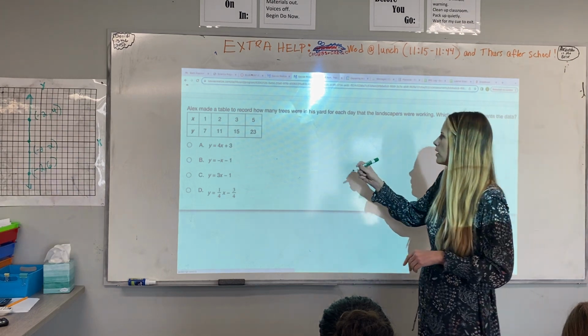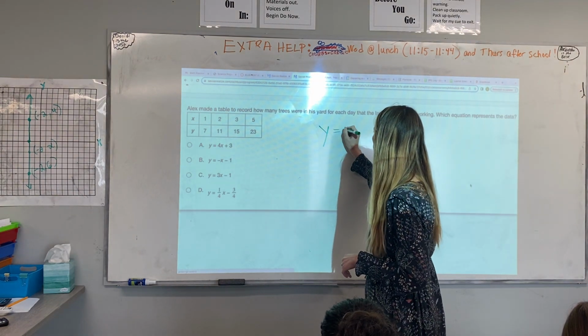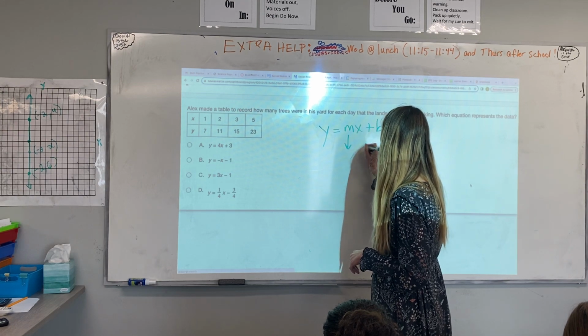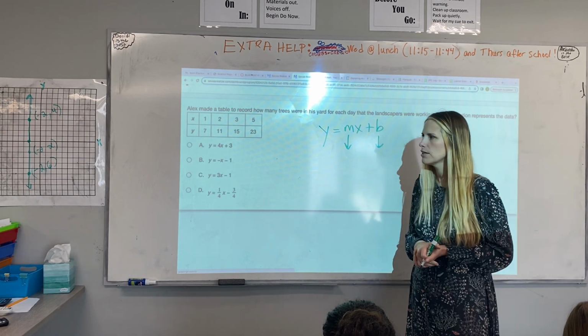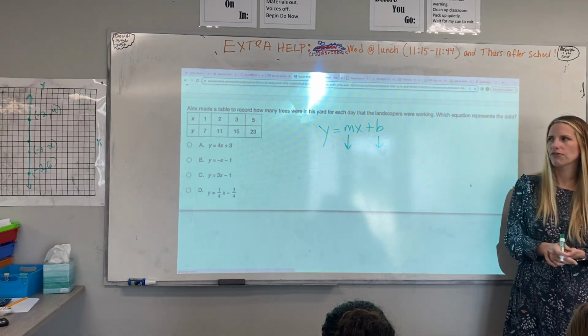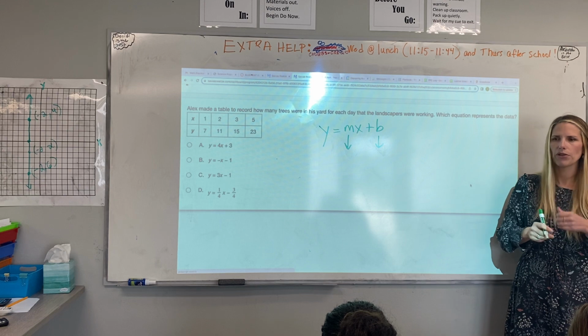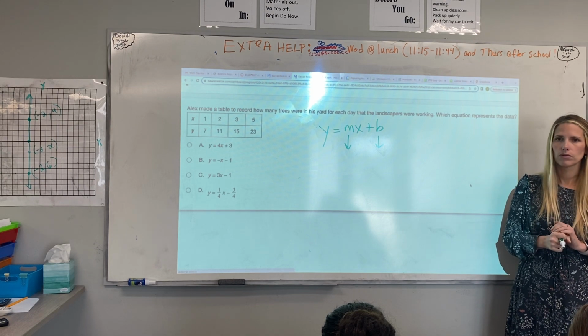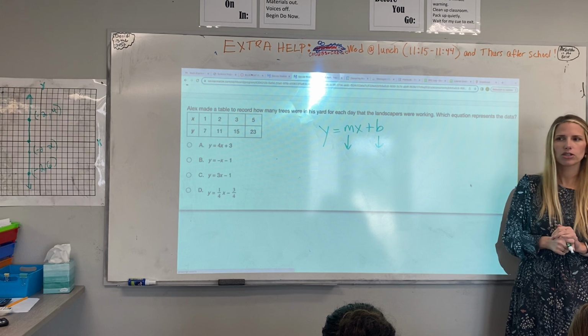So we need y equals mx plus b. We need our slope and we need our y-intercept. And then which one are we able to find out first based on our table there? Yeah, we're gonna get our slope first.